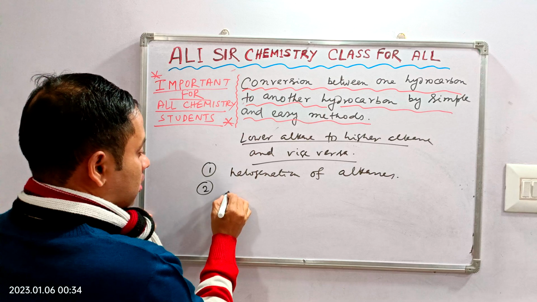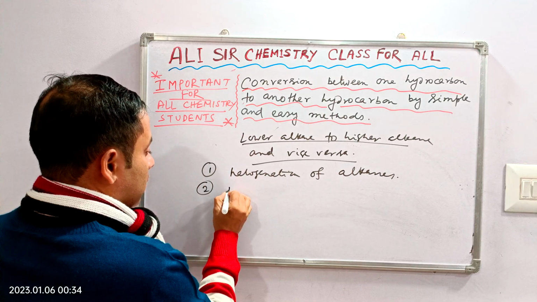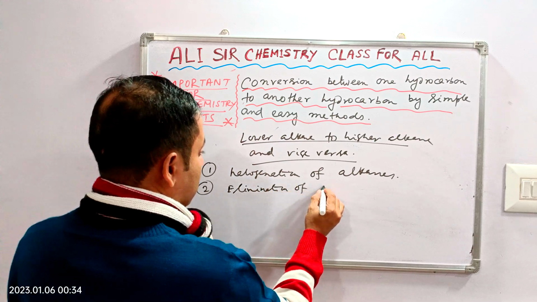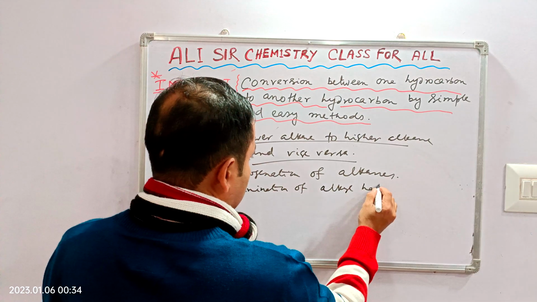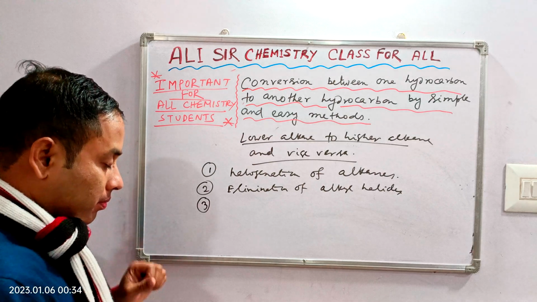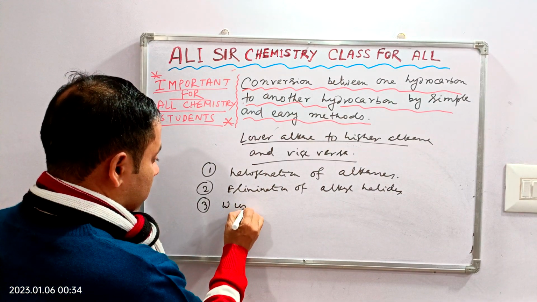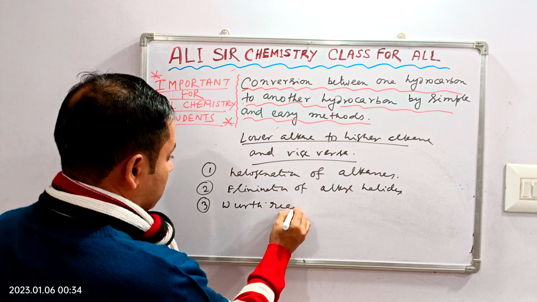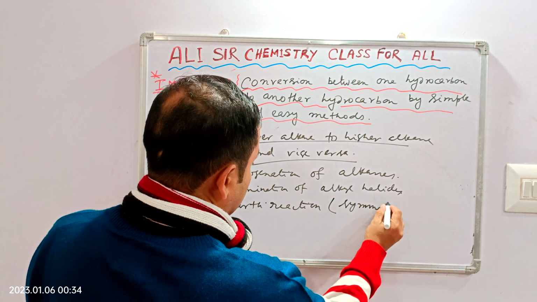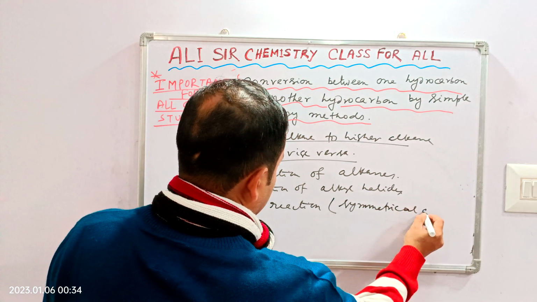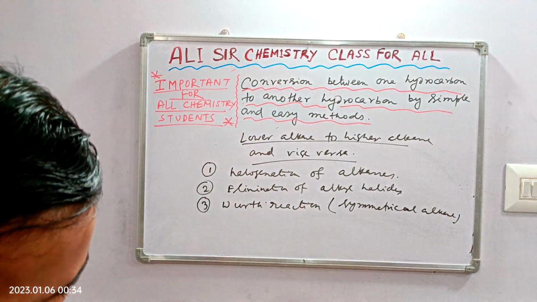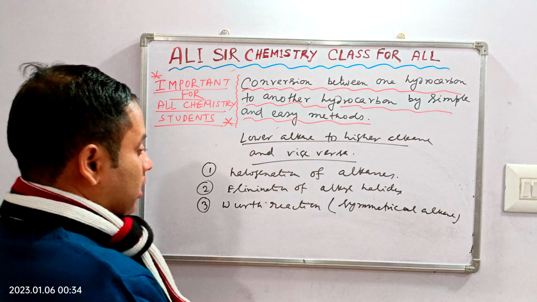Number 2 is elimination of alkyl halides. Number 3 is Wurtz reaction for symmetrical alkanes. This reaction, the Wurtz reaction, is used only for symmetrical alkanes and for increasing the number of carbon atoms.